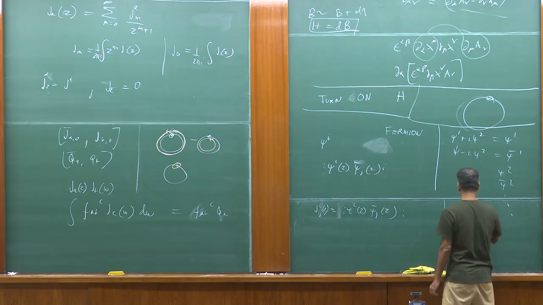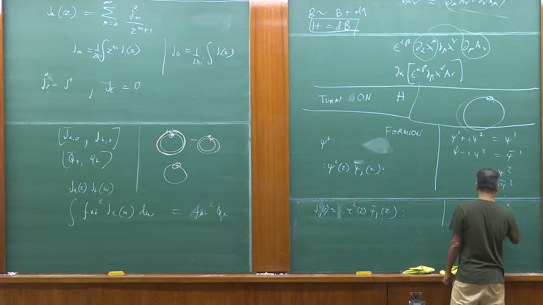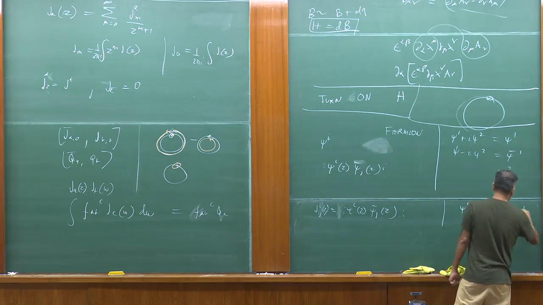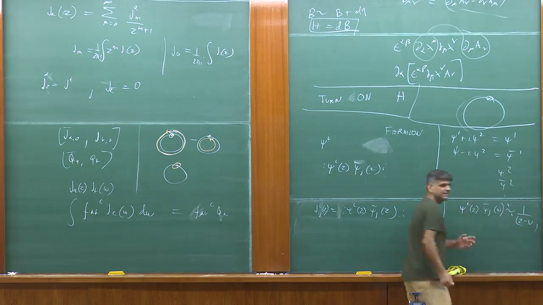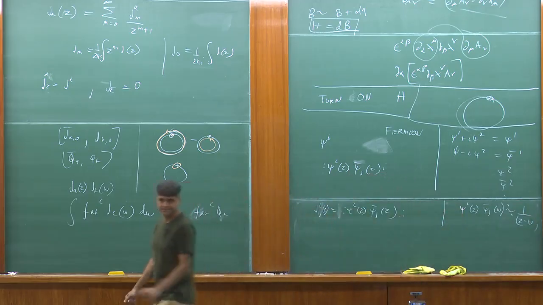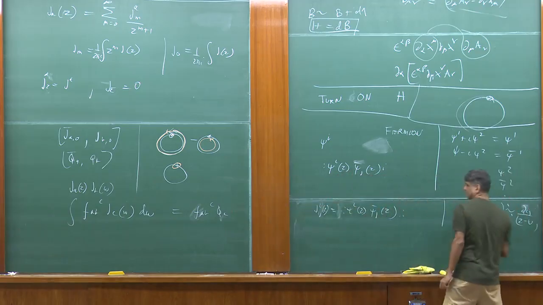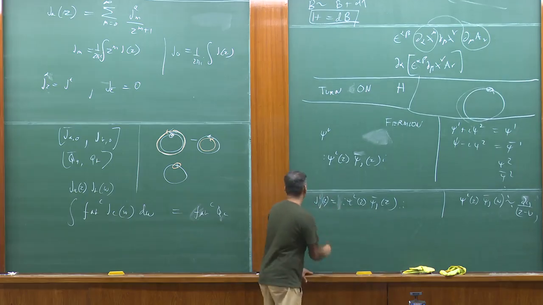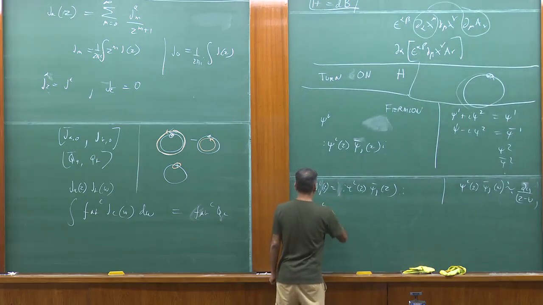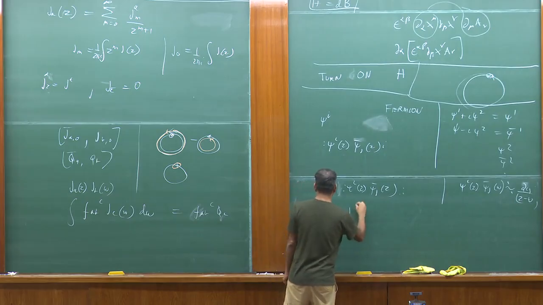Our OPE is psi I of z, psi bar j of w gives delta_ij over z minus w. Psi with psi is 0, psi bar with psi bar is 0. Is this clear? So now let's look at the OPE of J_ij of z with J_i'j' of w.